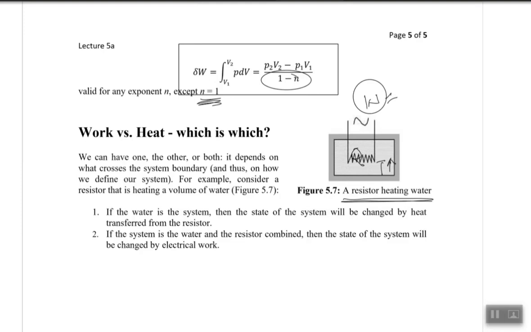So now let me ask the question again: which is responsible for the change in the state, or in other words, the change in the temperature of the system?